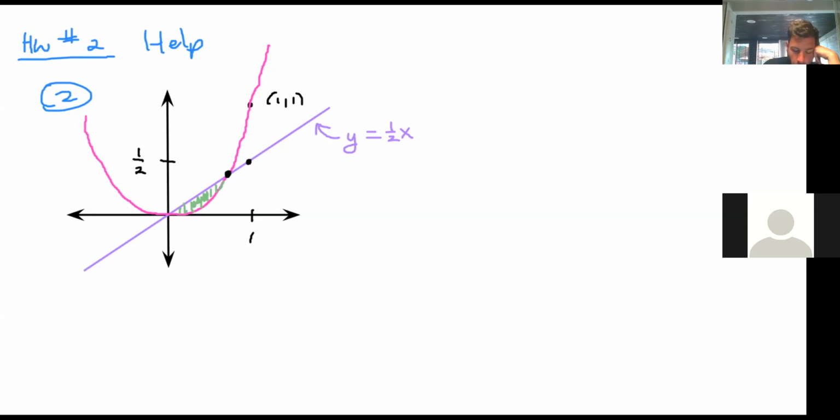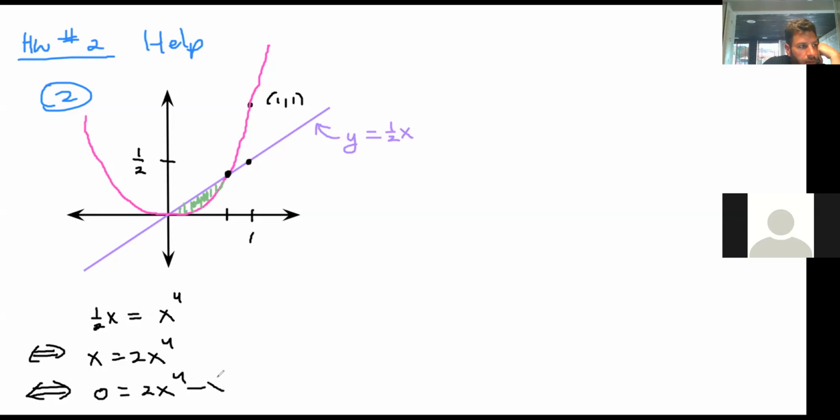So we need to find this point right here. I need to know what this point is where they intersect. And so I can find that if I just do some algebra. I need to know when 1/2 x is equal to x to the 4th. If I multiply both sides by 2, that's the same as x equals 2x to the 4th. And I can rewrite this as 0 equals 2x to the 4th minus x.